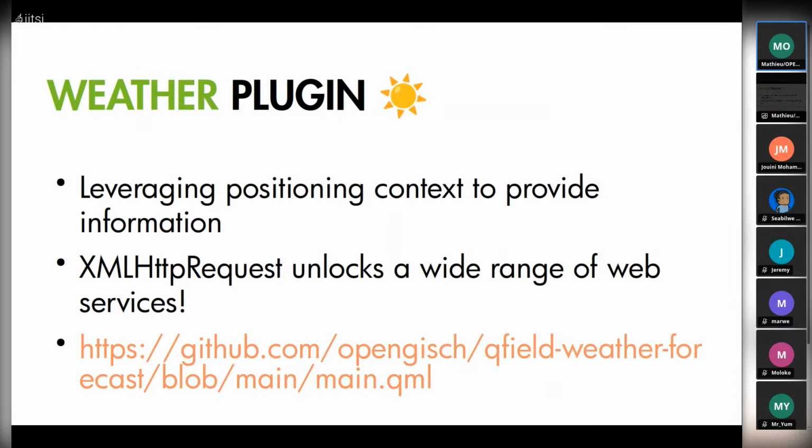One of the magic things happening under the hood is that the plugin uses an XML HTTP request to contact the weather website service to get the information. And so already simply using this XML HTTP request, we can see that we have access to a wide range of web services out of the box without the need to do much, which is quite exciting.